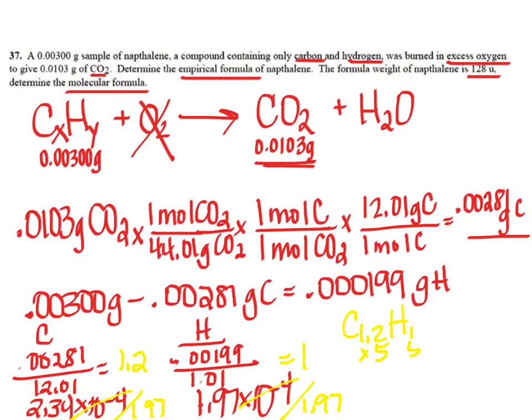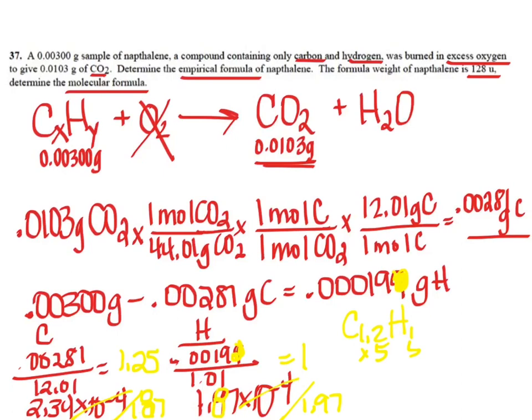Okay, so for the hydrogen it's 0.0019 grams. We're going to take away this 9 and we end up with 1.87 times 10 to the minus 4. Okay. But still, when we divide by the smallest, we get 1.25 for carbon, right?